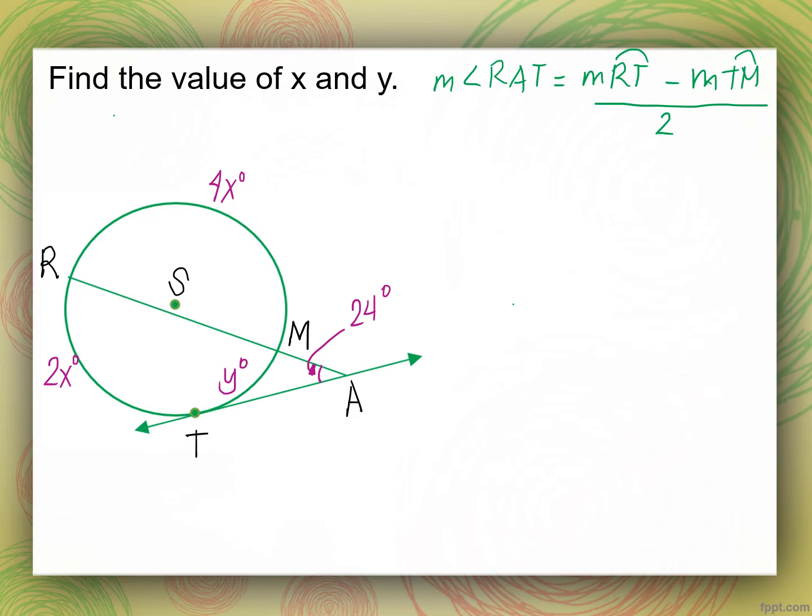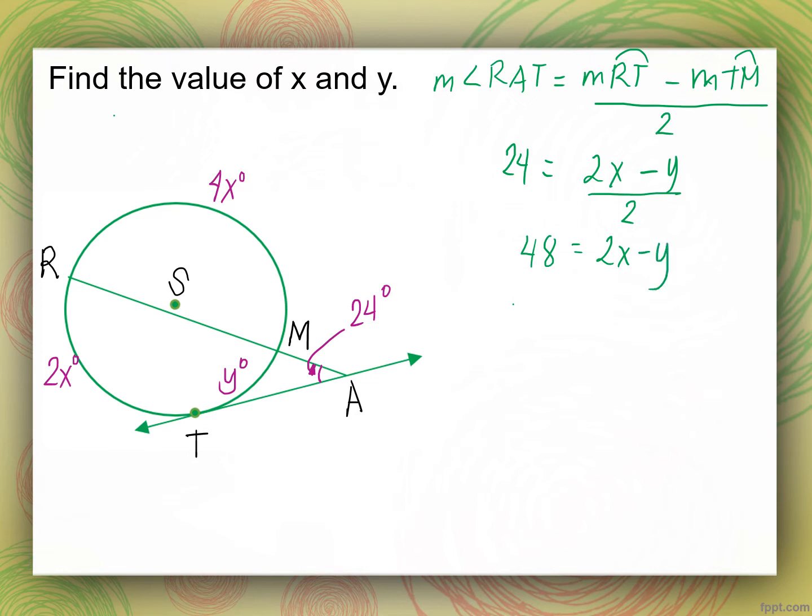Let's substitute the given values here. For angle RAT, we have 24. And then the measure of RT is 2x. And TM is y all over 2. Okay, let's cross multiply. So this would be 24 times 2, which is 48. So as you can see, we have two variables here, x and y.